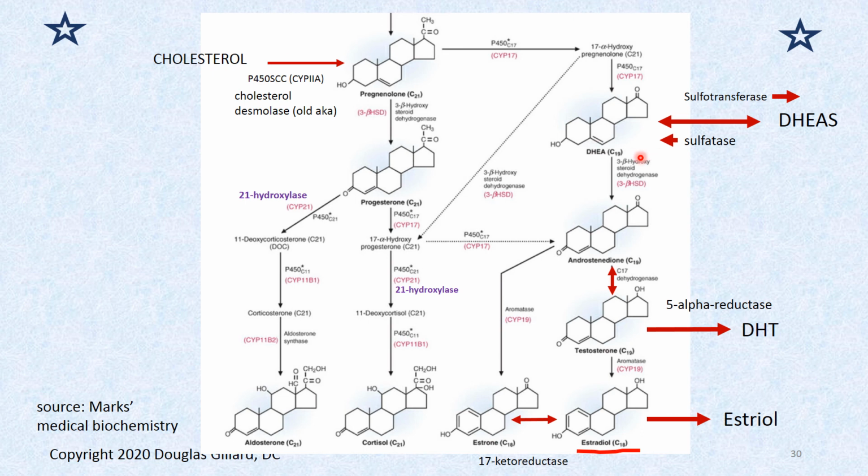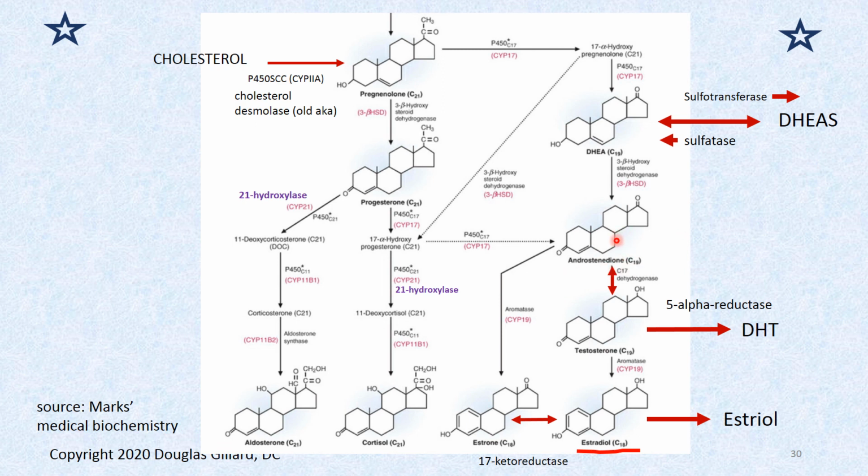Notice while we're here, notice DHEA and DHEAS are converted back and forth. And androstenedione is kind of the final step of this pathway. That's why a lot of authors use this as the main product of the zona reticularis.